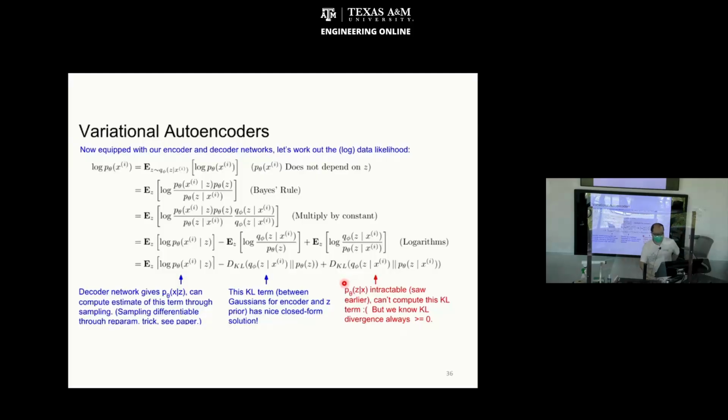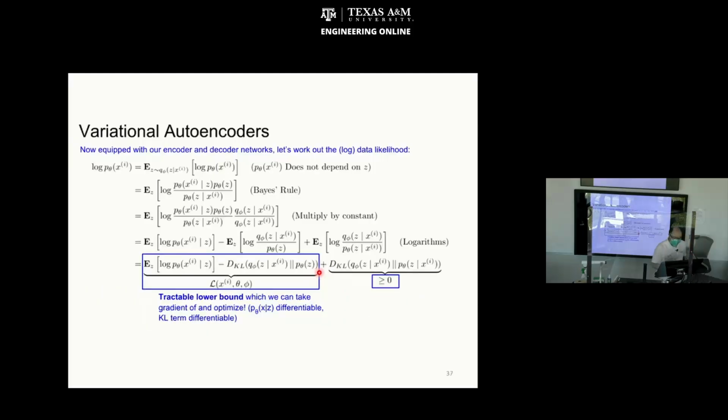But this is only one of the three terms that is intractable. And you know that KL divergence is lower bounded by 0. So you can say that the whole log likelihood is bigger than or equal to the first two terms plus 0. Okay, that's the lower bound. So you still cannot optimize the likelihood directly, but you can optimize the lower bound, which is the sum of the first two terms.